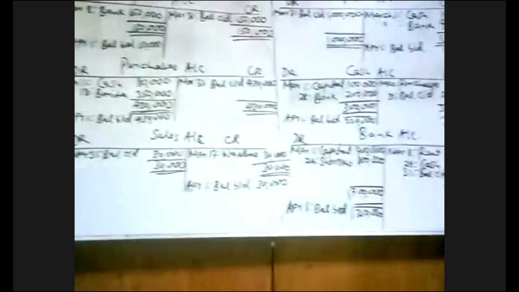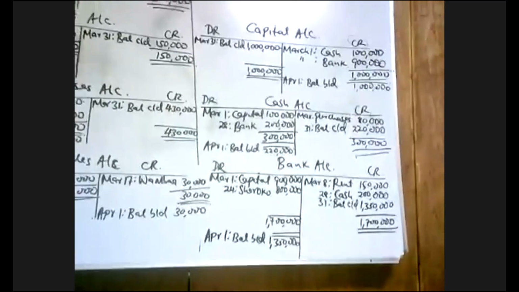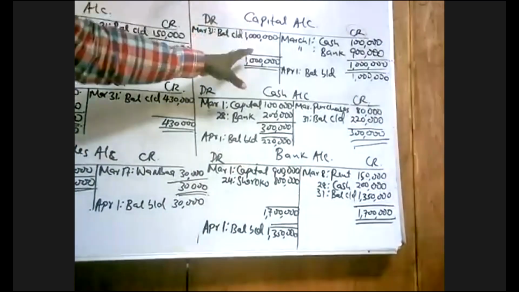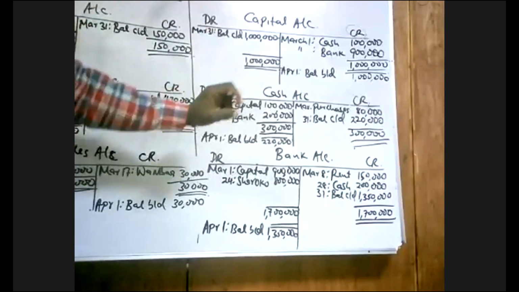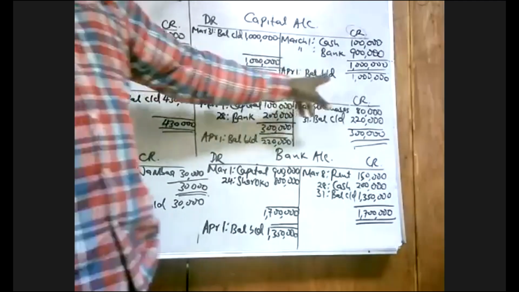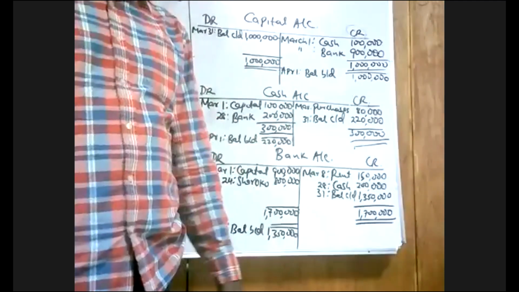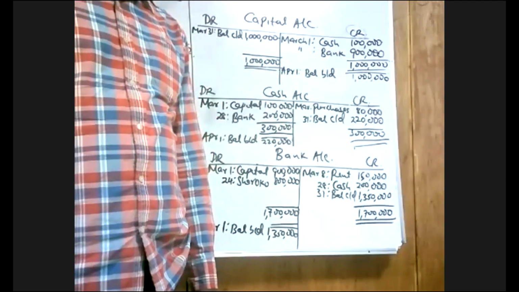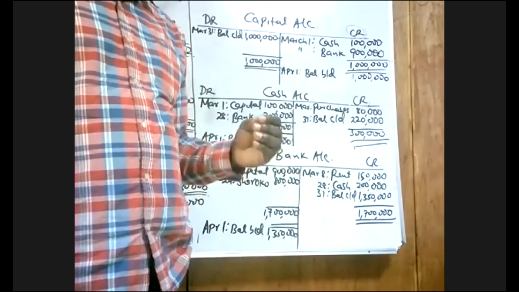No, let me go there. We are in the capital account. It is here. The carried down is the one that is on the debit. The brought down is on the credit side. Okay. I understand. I've understood. I got it.